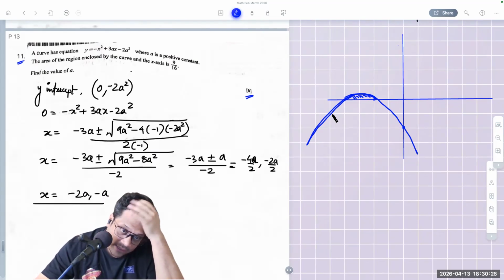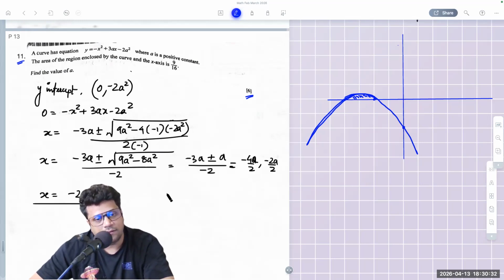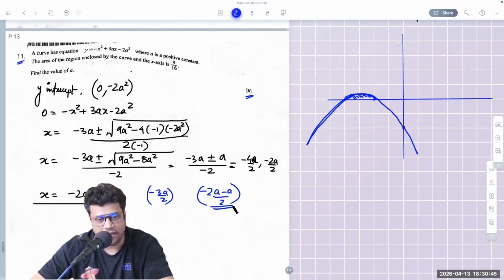I know that the vertex of it must be positive. Let's see. The vertex is going to be right in between these two, negative 3a by 2. That is where the vertex is going to be. If I substitute negative 3a by 2, that's negative 2a plus negative a divided by 2, x1 plus x2 divided by 2. That is the x-coordinate of the vertex.